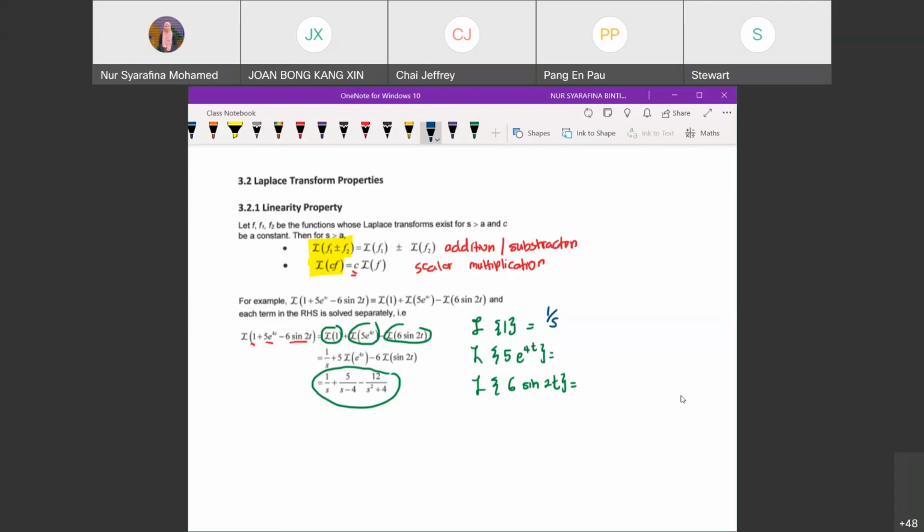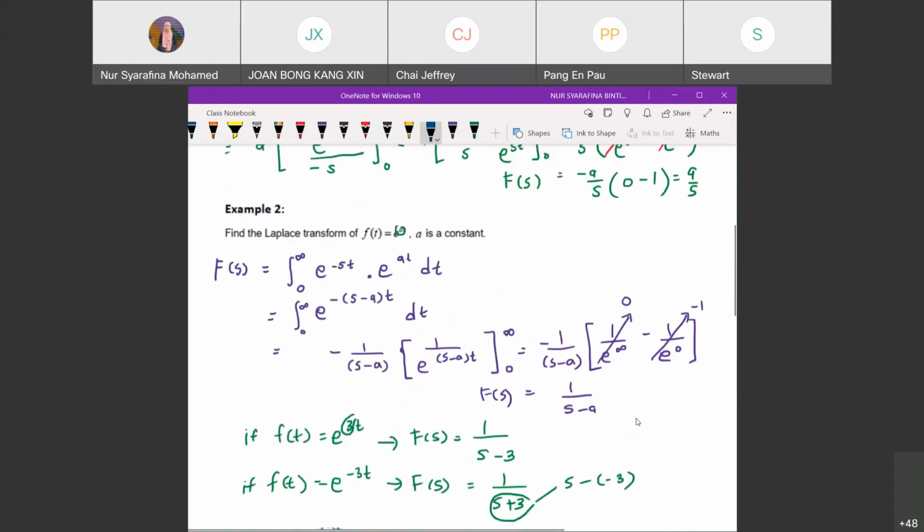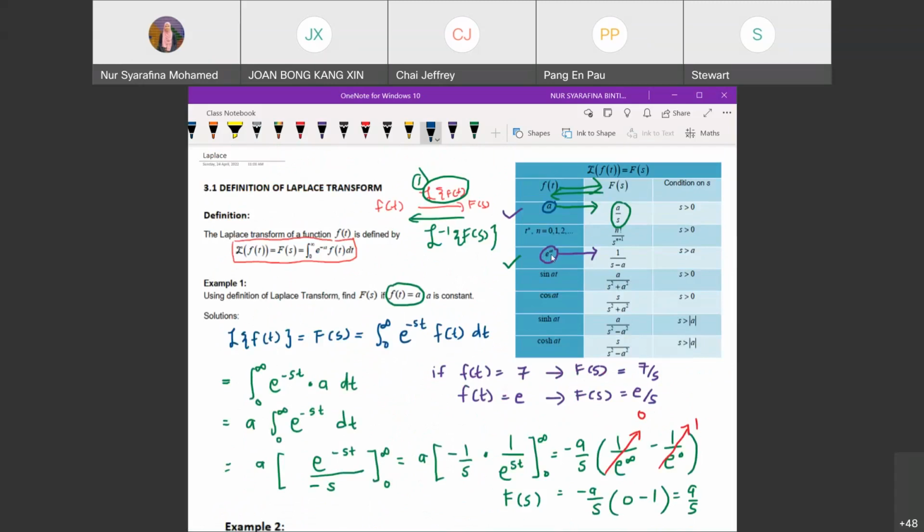Now, this is the Laplace transform of 5 exponent 4t. From the linearity property, if you have C times f, where this C here is 5, then you can just put 5 outside. So 5 here is a constant, and you are transforming exponent to the power of 4t. Exponent to the power of at becomes 1 over S minus a.